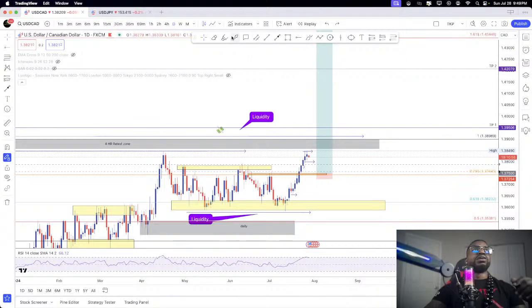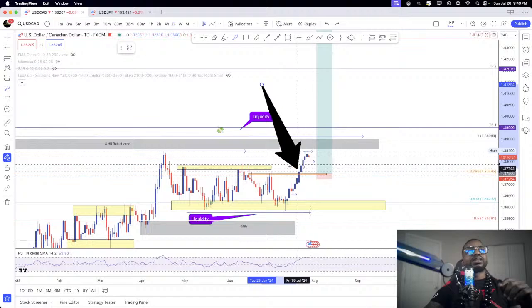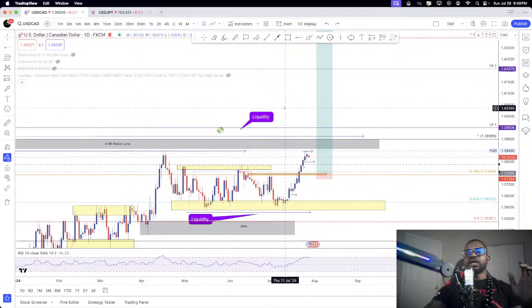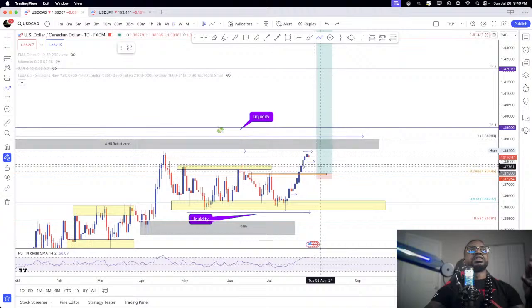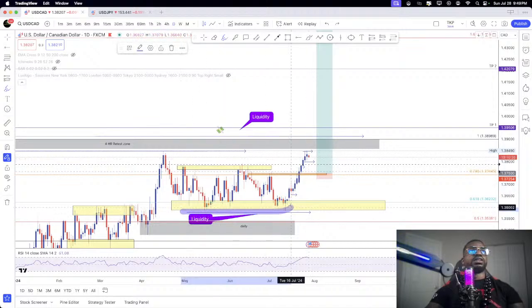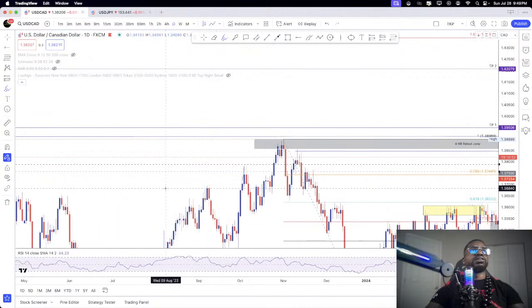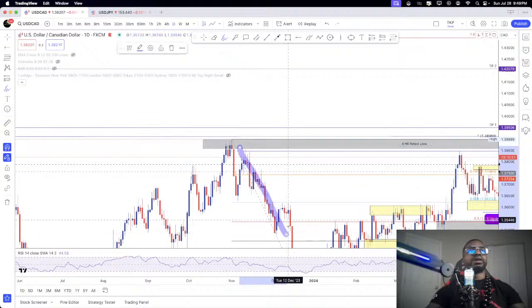Okay, now another thing, if price does not pull all the way back to let us in, it is okay. The market only moves in 3 different phases. Okay, you're either going to see this uptrend, you're going to see this range or consolidation, or you're going to see a downtrend.